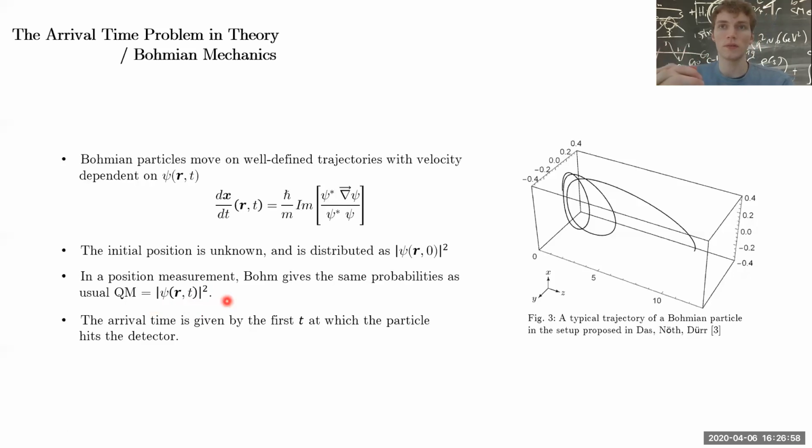So in all experiments up to the present day on non-relativistic quantum mechanics, Bohmian mechanics gives the correct result. The question is whether Bohmian mechanics will now also give the correct result for the arrival time distribution of a non-relativistic particle.